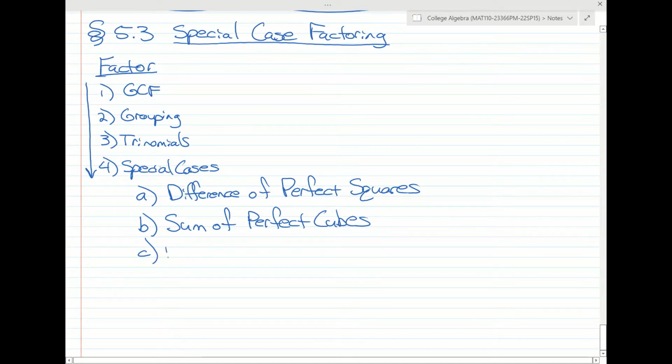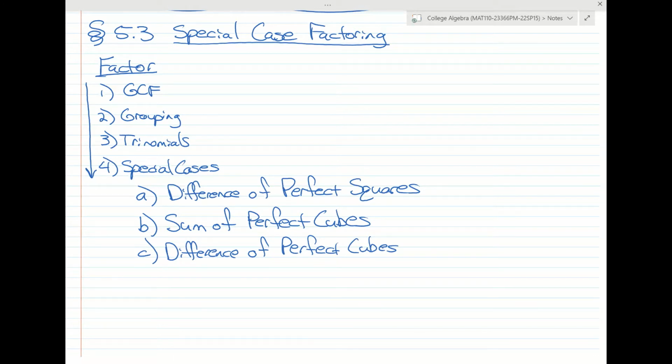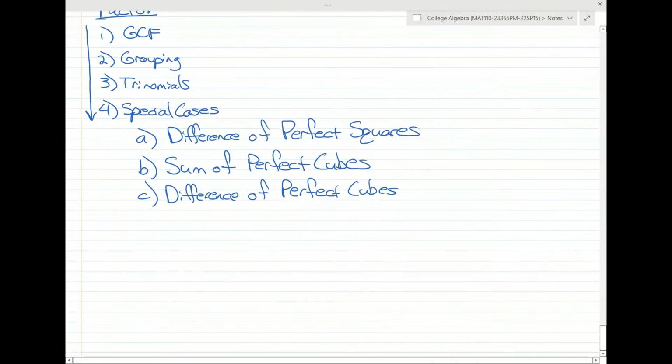And then there's a difference of perfect cubes. So we'll go through these 3.